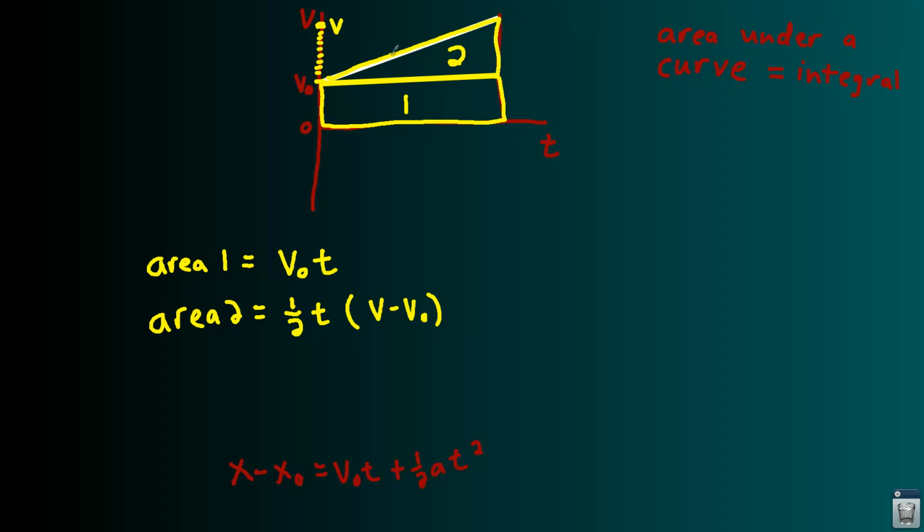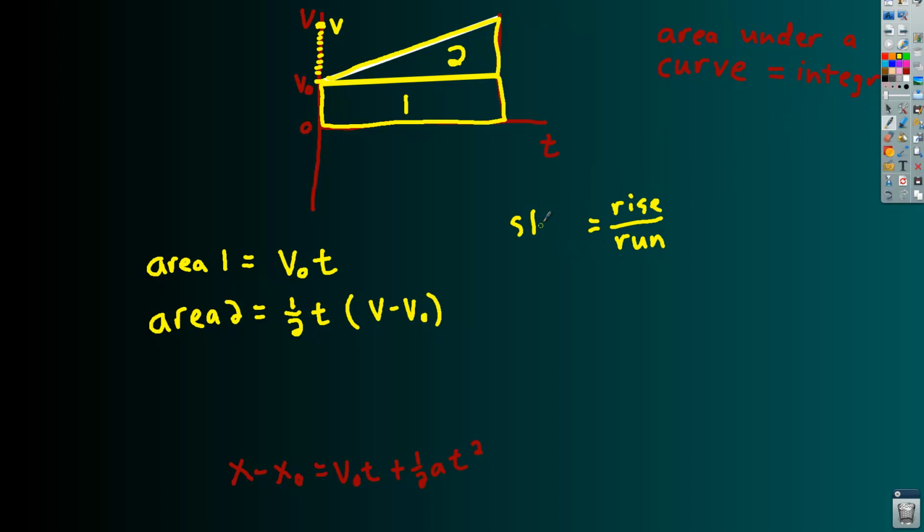The slope of this line gives us the rise over the run, right? Slope m equals rise over run. The slope of a velocity graph, we determined earlier, is your value for acceleration, right? And what is the rise from here to here?